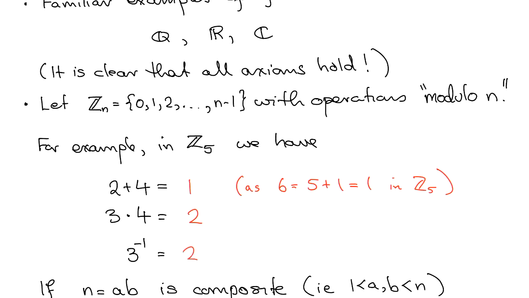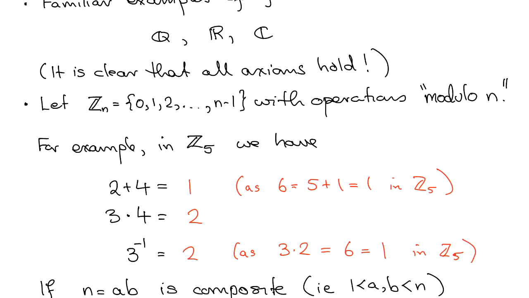So that one I will explain. That's because 3 times 2 equals 6, which equals 1 in Z5. Okay, so to find the inverse, it's not 1/3. You can't talk about 1/3. Well, it's not that wise to try to think about 1/3 in Z5.